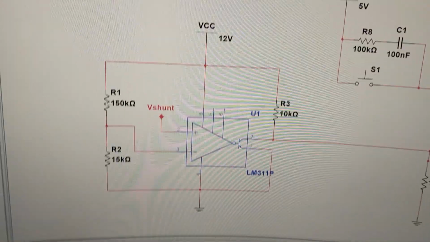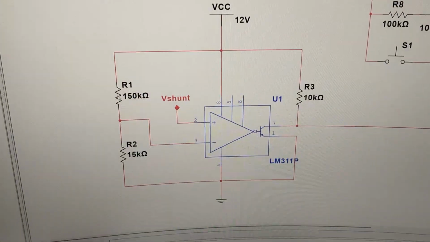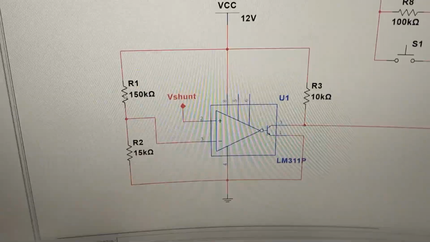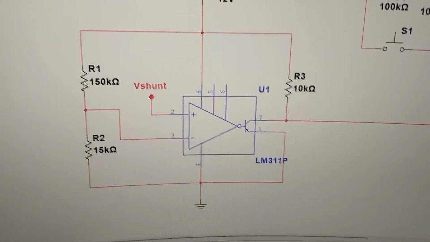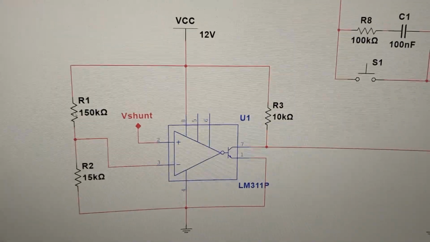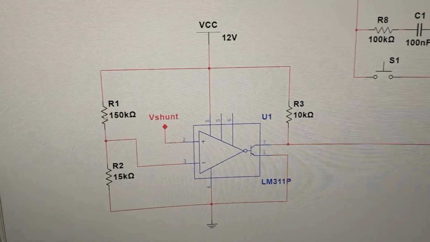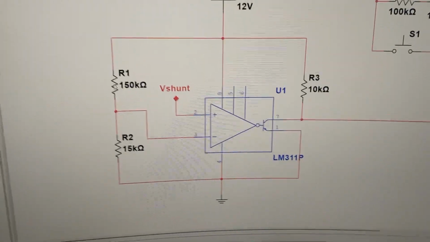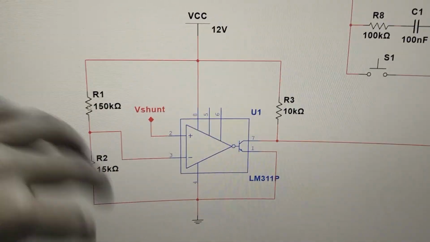So we have the comparator here, and what we do is we feed the drop across that shunt, which was V shunt, to the non-inverting terminal, and to the inverting terminal we set our control voltage, which is going to define our safe limit of current, and we can do that using a voltage divider. Since my VCC is 12 volt, I've just used 150k and 15k.